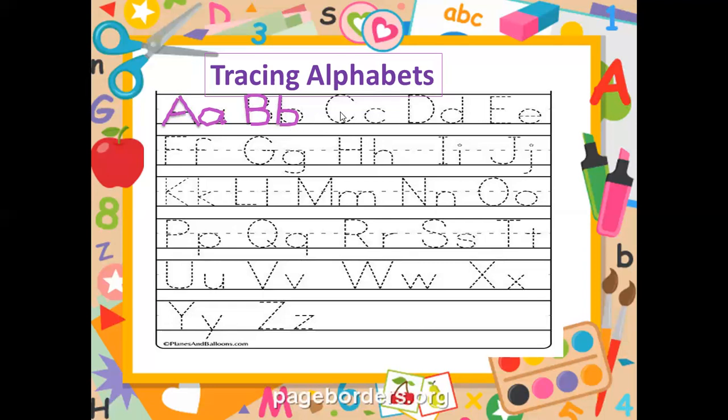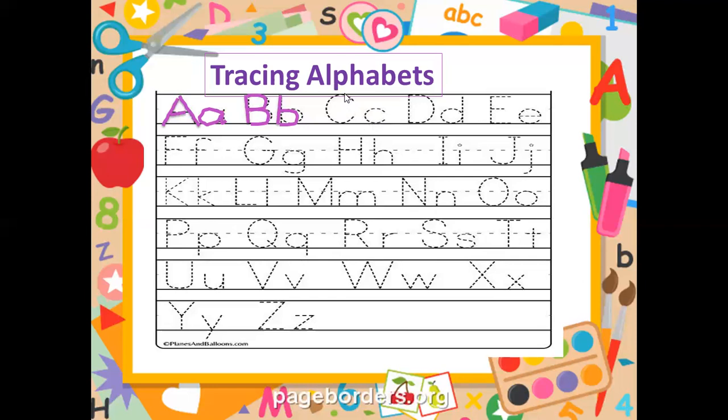Now let's learn the letter C, capital letter C and the small letter c. Both of these are the same, but their writing position is different. For the capital C, you will use the three lines of your notebook, and for the small c, you will use the two lines, the middle and the bottom.